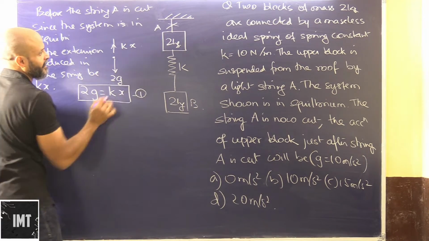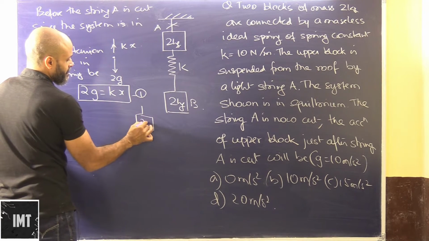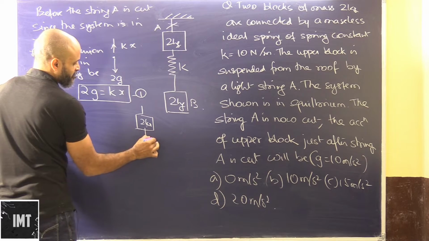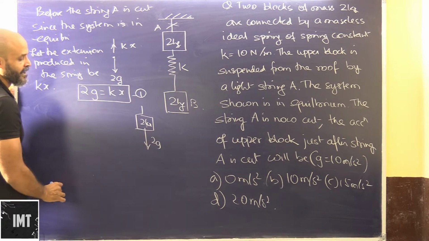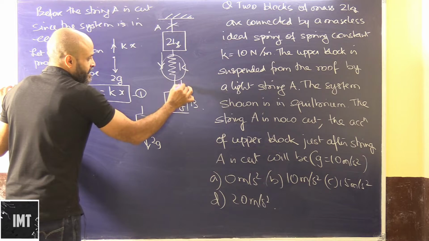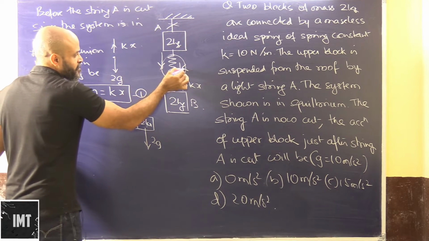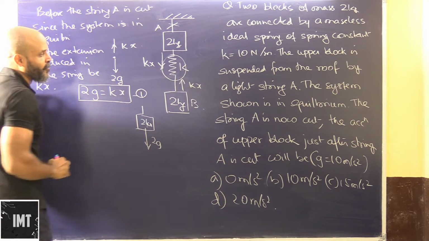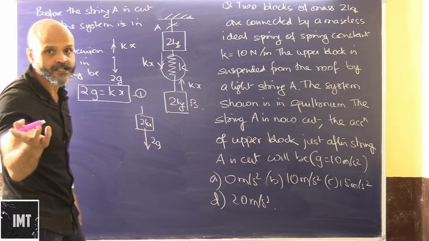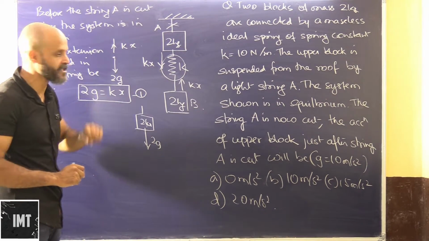Now let's come to this one. When this string is cut, look at this. This is 2 kg, so obviously there will be a force of 2g, and this spring is also going to exert a force. This spring is exerting a force of kx on block B, and kx on this block as well. Just as we have tension in both directions, we have this one in both directions.